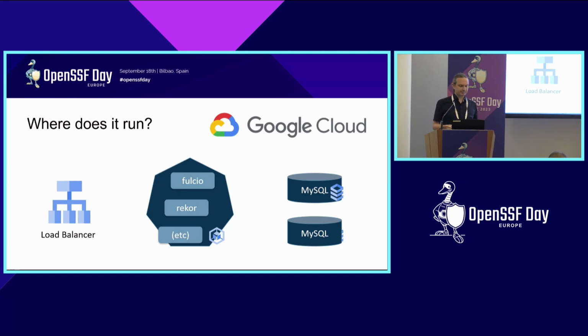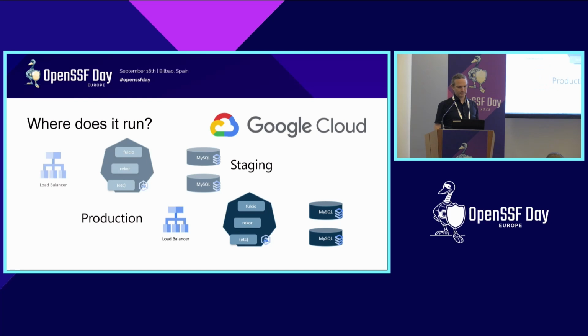But okay, there's this set of cloud resources that run. And furthermore, there's actually two of them. The one that you all see and use that we call production. And then there's a staging one as well so that we can test everything out before we go live. So there's actually two copies of all of this.